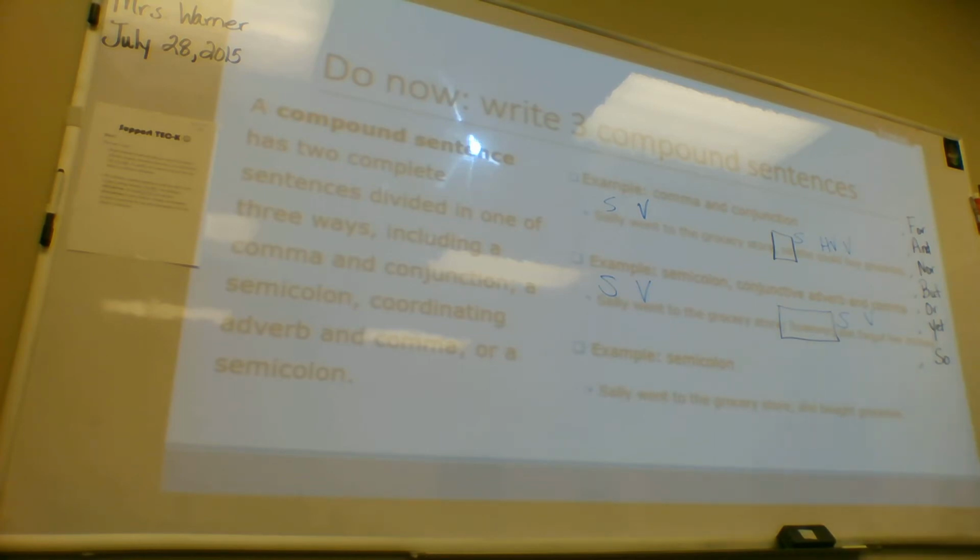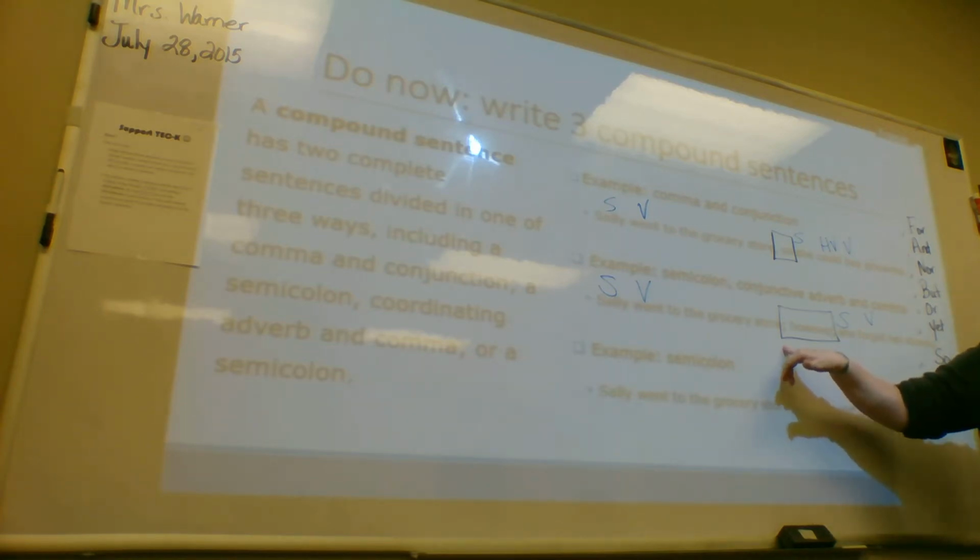A conjunctive adverb shows a relationship between the 2 verbs. However, moreover, consequently, those are conjunctive adverbs. You have to have the semicolon in front of it and the comma after it.